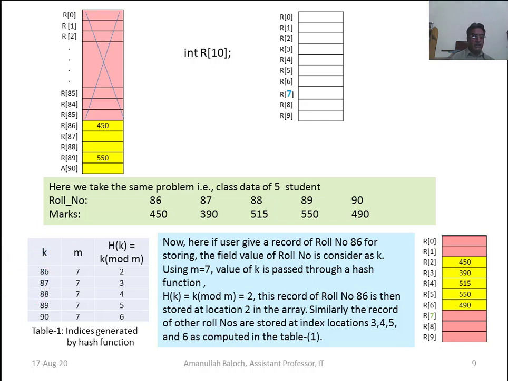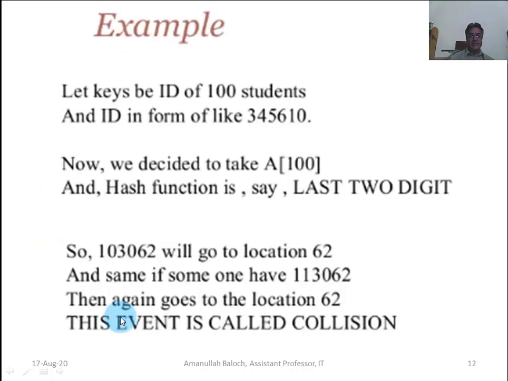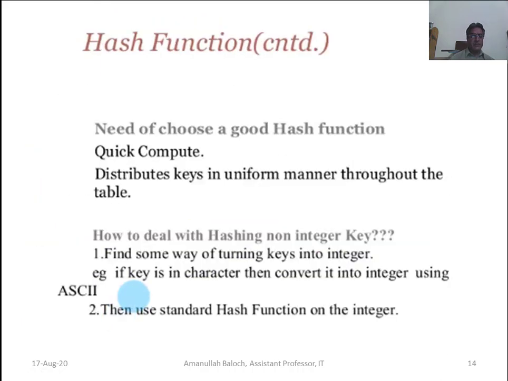How will we create hash addresses in integer form? This is the problem. If keys are not numeric values but alphabetic or alphanumeric values, how will we create such hash addresses? This was how to deal with hashing non-integer keys.